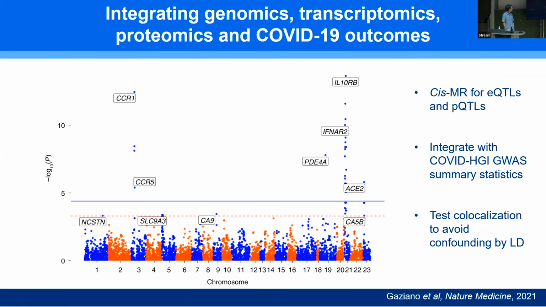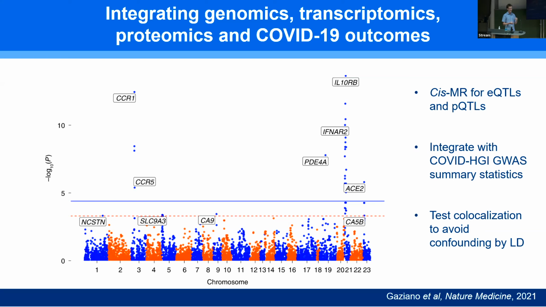I forgot to put a slide in about challenges for Mendelian randomization, but I think some of the same approaches I've already talked about are challenging here, not least the fact that this only really works if you have a genetic variant that only affects the protein or the risk factor you're interested in. If you want to assume that the two groups of people who carry the variant and don't carry the variant are effectively randomized, with no confounders that differ between them, you need a variant that really only affects the risk factor you're interested in.